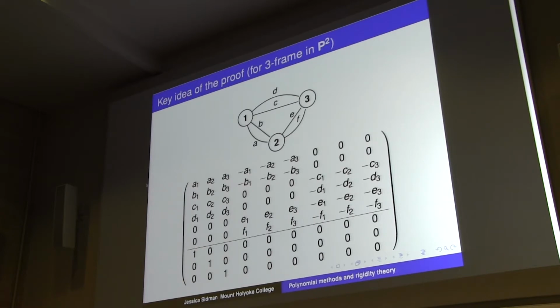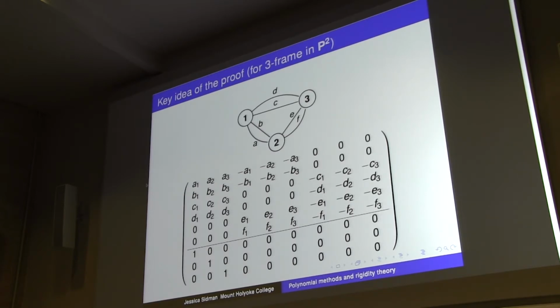Okay? And so this is what the rigidity matrix would look like. I have in the first row, corresponding to one of the 2 bars joining vertex 1 to vertex 2, A1, A2, A3 in the columns associated to body 1, minus A1, minus A2, minus A3 in the columns associated to body 2, and zeros in the columns associated to body 3, because that's not involved in that bar.